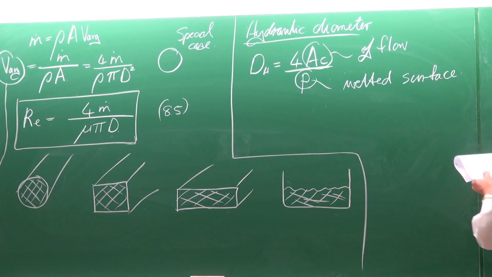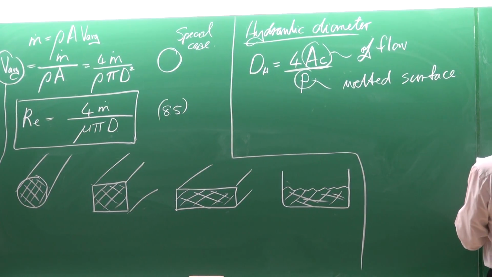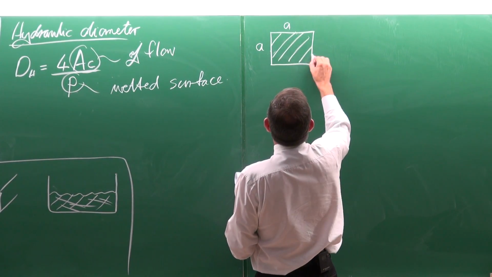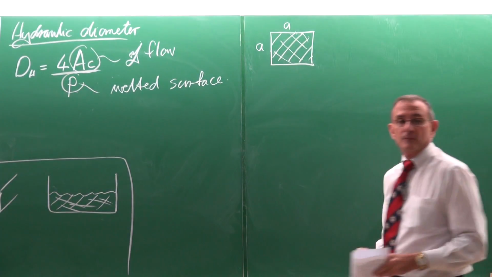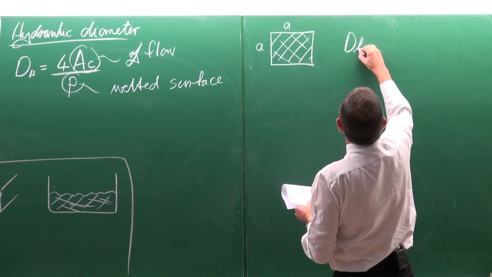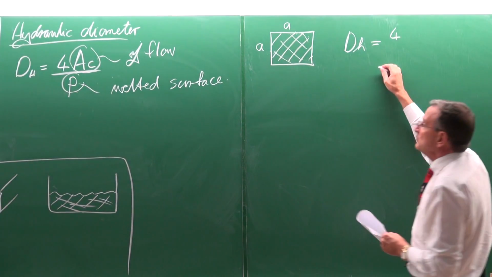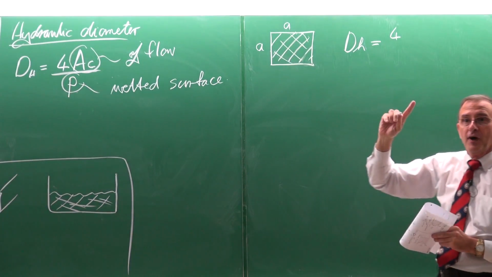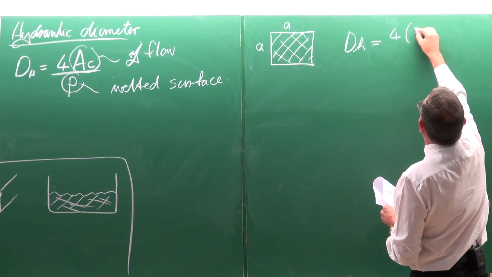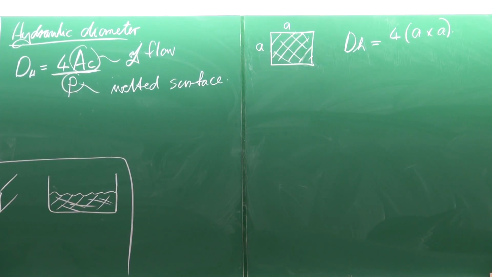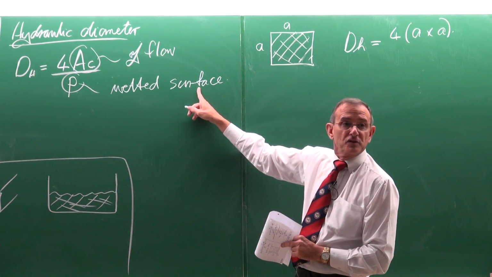Let's look at a few simple cases. Let's suppose we've got a square duct of A by A, and the fluid is all around. Then the hydraulic diameter is equal to 4 times the cross-sectional area of the flow, which is A multiplied by A, divided by the wetted perimeter.